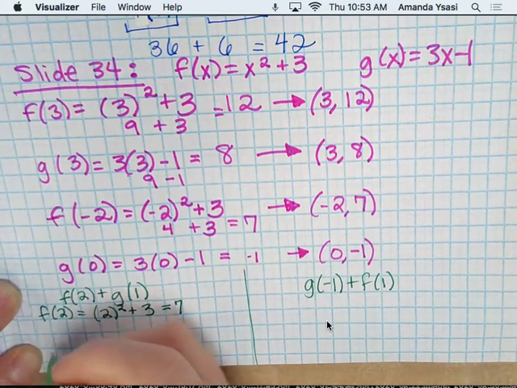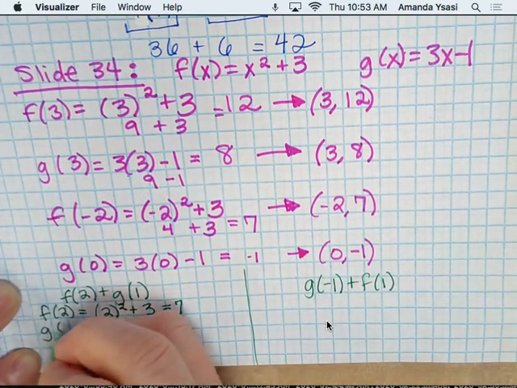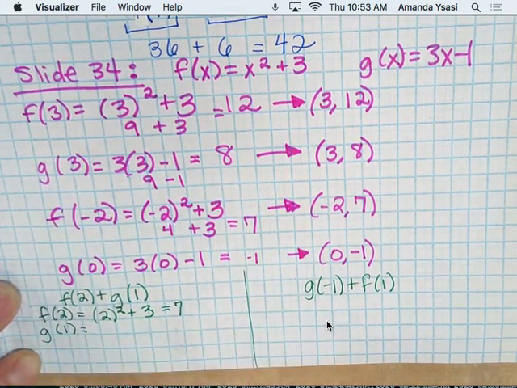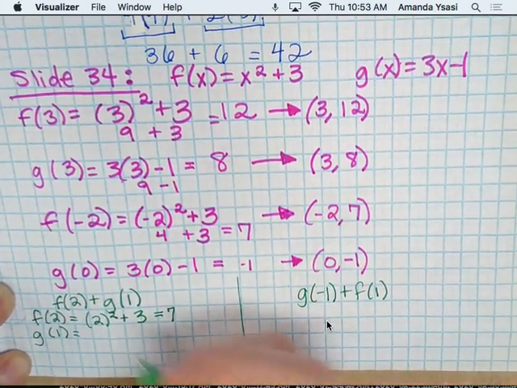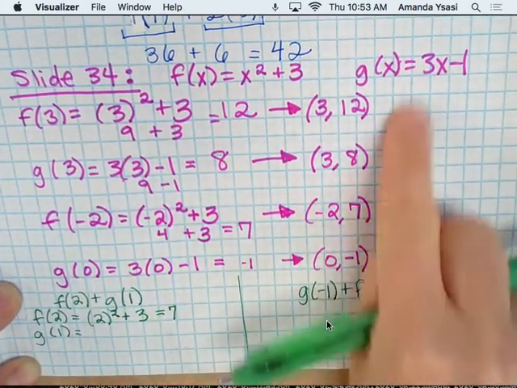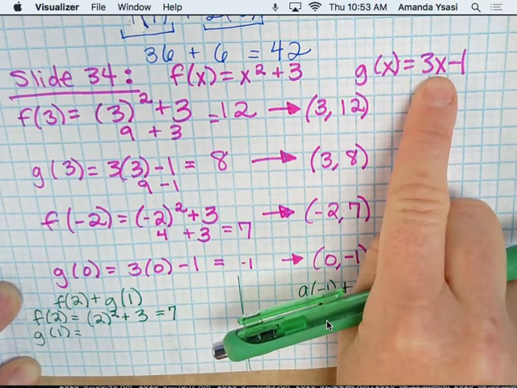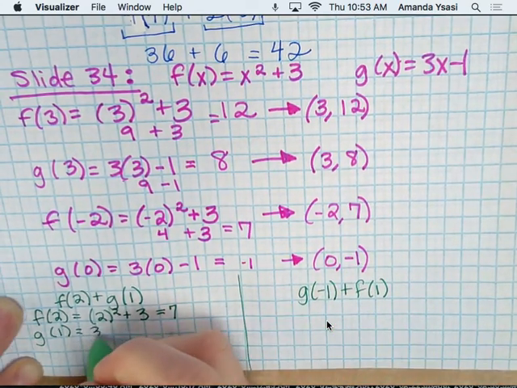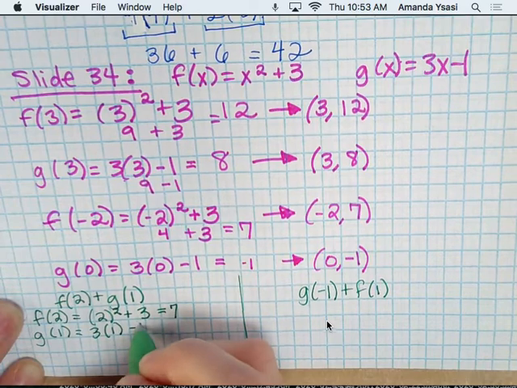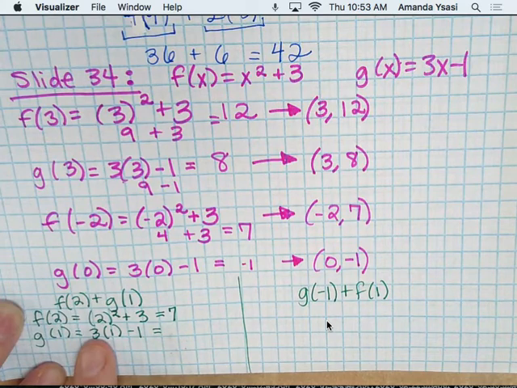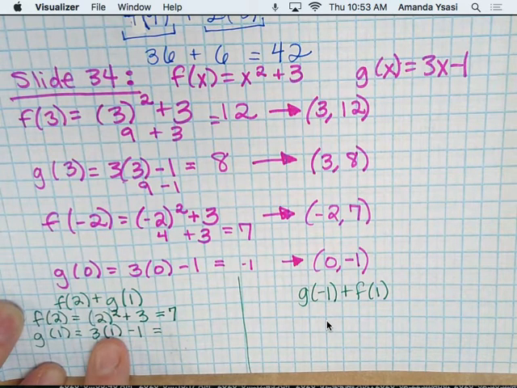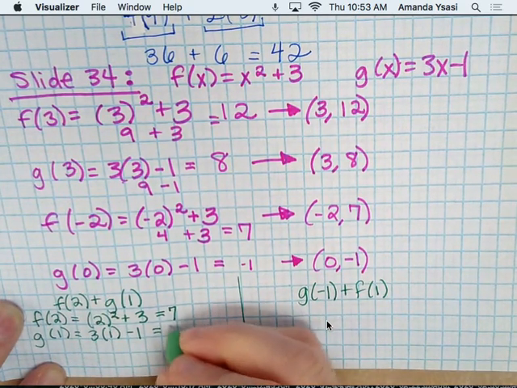But we're not done because we need to do g of 1. g of 1 is found by plugging in 1 for x for the g function. So 3 times 1 minus 1. 3 times 1 is 3. 3 minus 1 is 2.